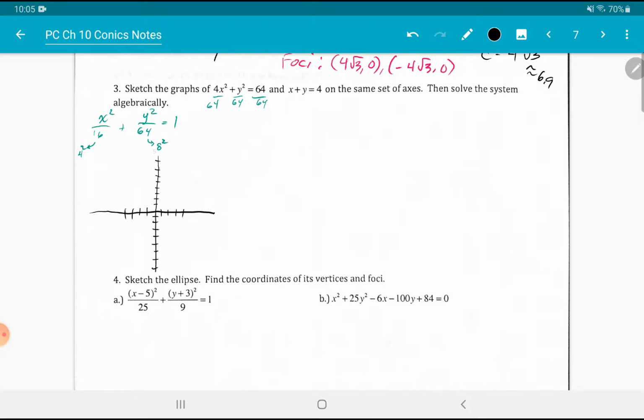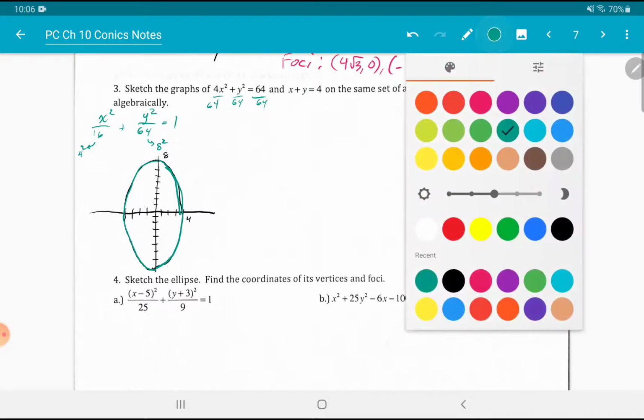Since I drew it directly at 8 and 4 and all those values, I'm going to go ahead and just construct my ellipse. Oops, I did say I was going to color code this, didn't I? Let me redo that. Okay, so there's our ellipse.